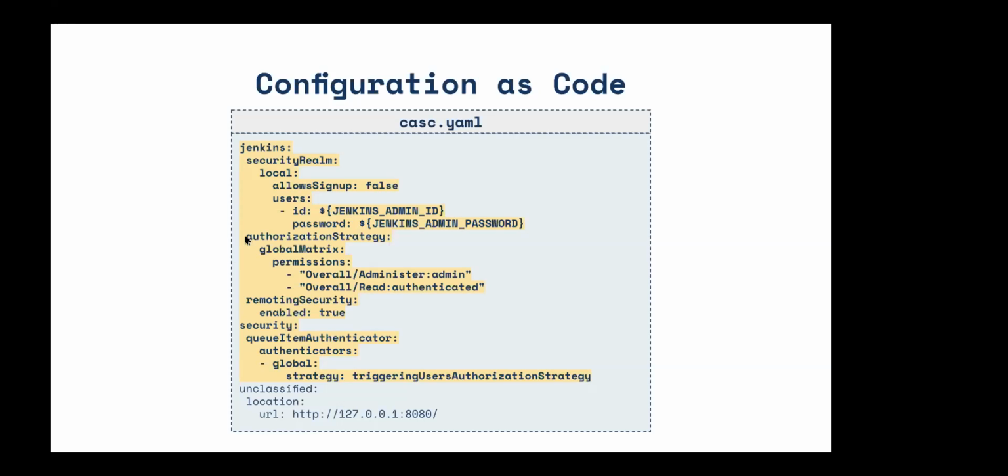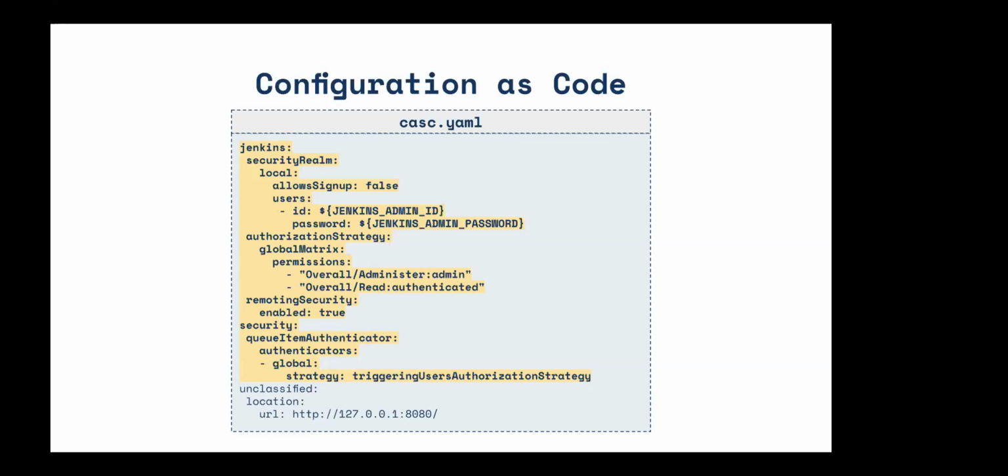And then we have this authorization strategy, globalMatrix permissions. Again, don't ask me how they named it. I don't know. That's not the name I would have chosen. But this basically gives permissions for anyone who has logged in to read the jobs, and for the administrator to do everything. And then we have this remoting security, which is to do with when you run Jenkins as a distributed system.